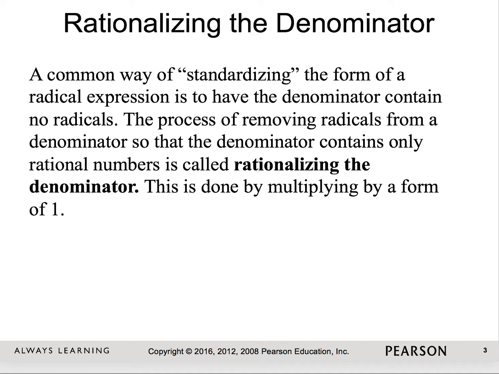Okay, rationalizing the denominator. We talked about already, when you're simplifying these rational numbers, you cannot have a fraction left under a radical sign, and you cannot have a radical sign in a denominator. Okay, so we're going to rationalize the denominator. Every one we've done so far, the denominator had a perfect square, and it went away when we took the square root.